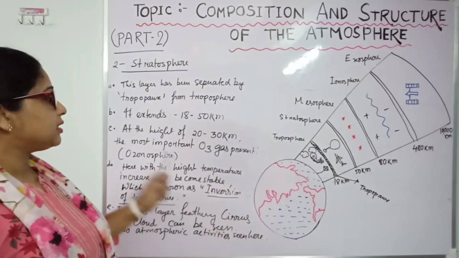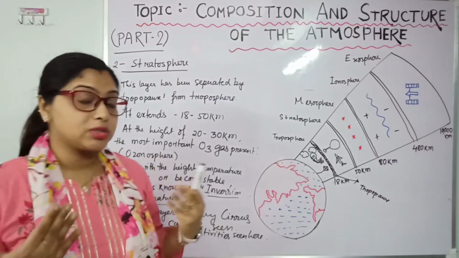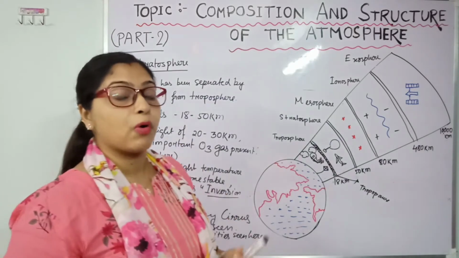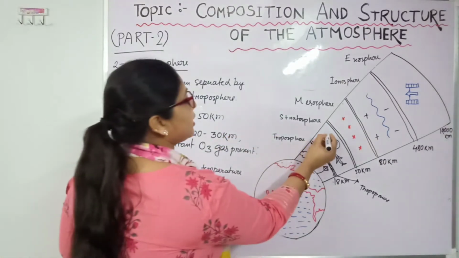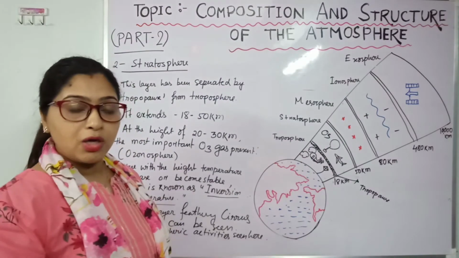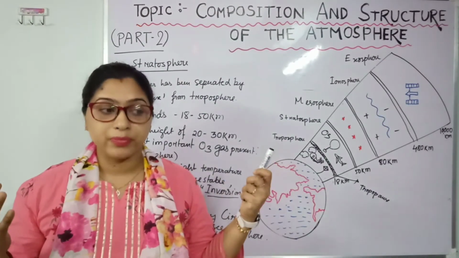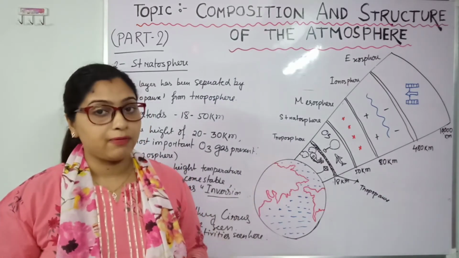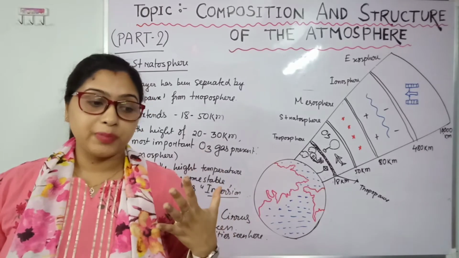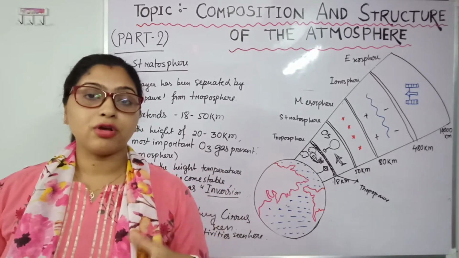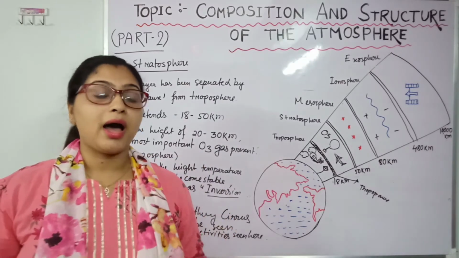Another very important characteristic of this layer is that one of the most important gases, O3 or ozone, is present here. You know that this O3 saves our life. It absorbs the ultraviolet rays, helping to prevent the harmful ultraviolet rays from entering the earth.